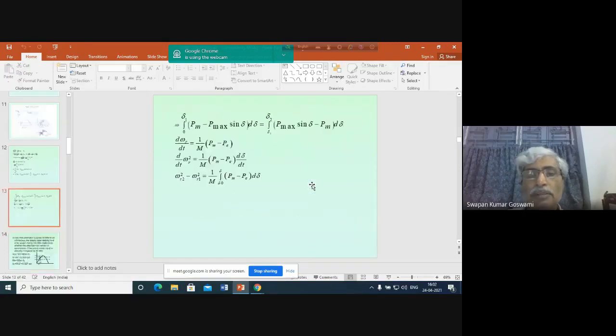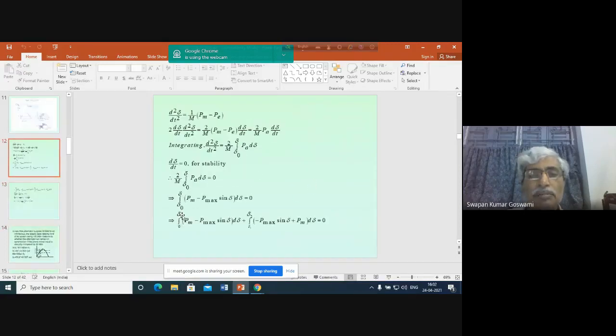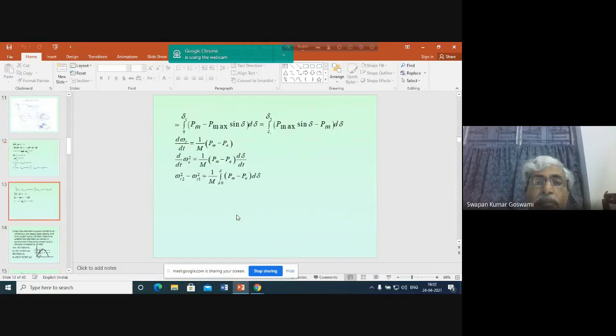Okay. So let us write this. From delta 0 to delta 1, Pm minus P maximum sine delta, d delta, plus, from delta 1 to delta 2, it is Pm minus P maximum sine delta, d delta, between these two angles. Obviously, the value will be different depending upon the value of delta. Now you see what happens.